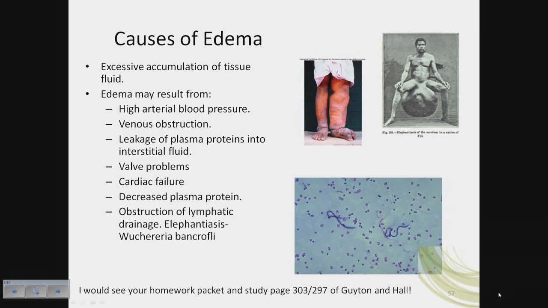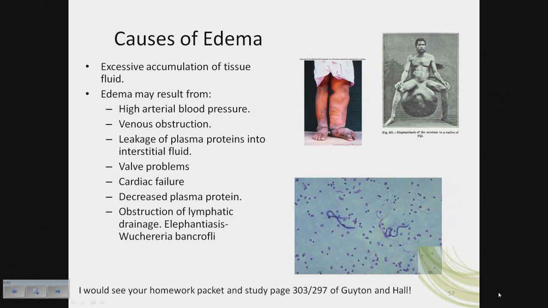But elephantiasis, and the reason why they call it elephantiasis is because the edema accumulates in the lower extremities, shown here in the child's leg. And then they look like they have an elephant's leg, right? It's all swollen. The man has a very large scrotum in this picture from the elephantiasis.